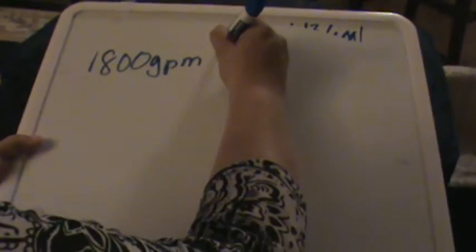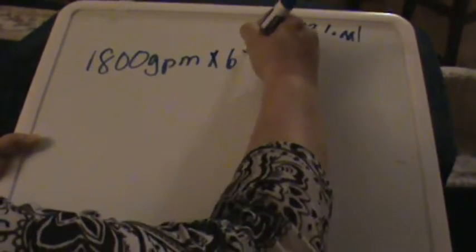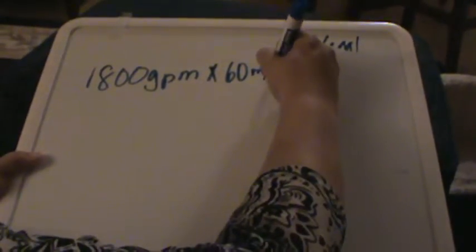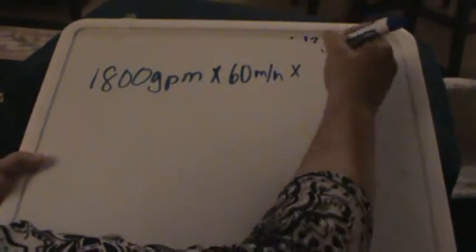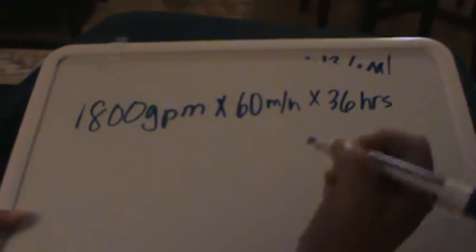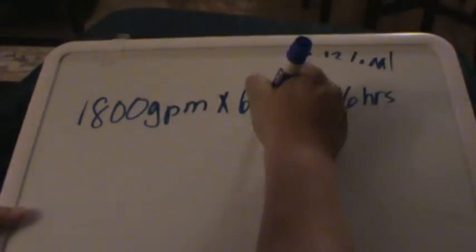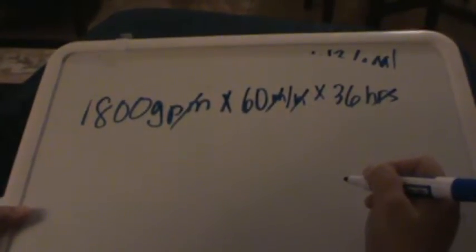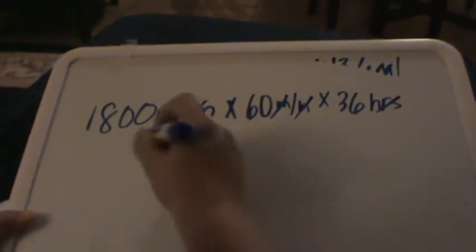So that many gallons per minute times the number of minutes in an hour, 60 minutes per hour, times the 36 hours that it has run. Okay, so what happens is my minutes cancel, my hours cancel, and this will give me gallons, right?